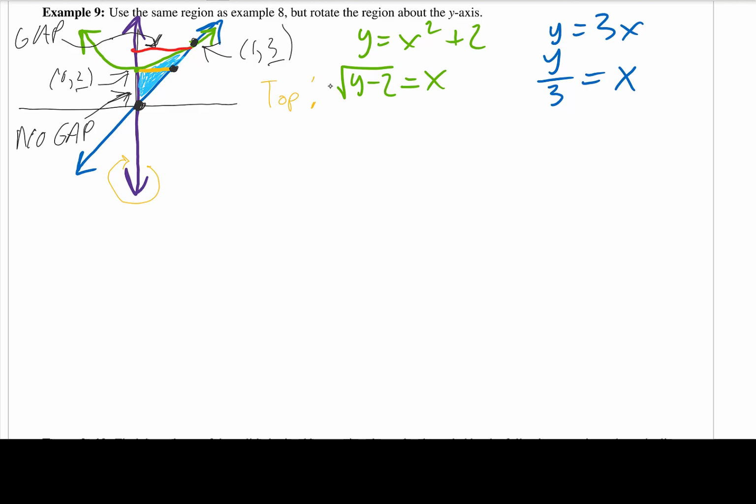So I can say that R out is going to be, well, let's see, the X value of the green curve. So that's square root Y minus 2 minus 0. And then we'll have R in is going to be Y over 3.